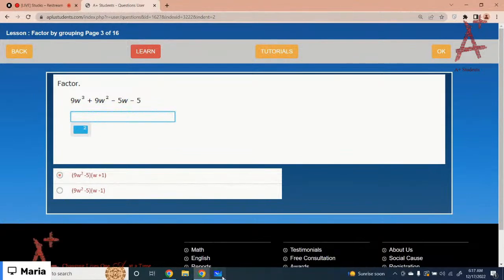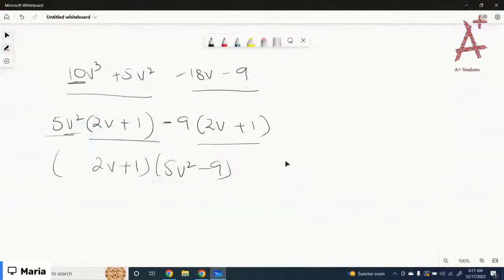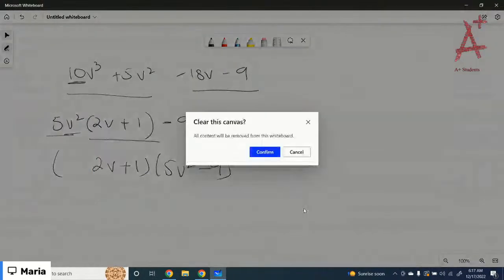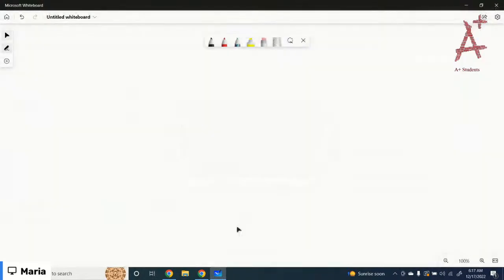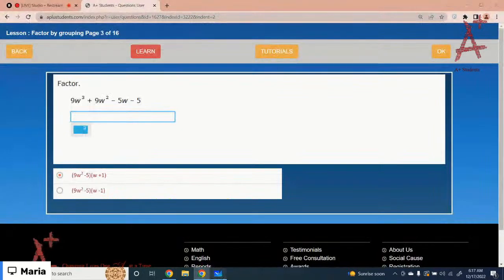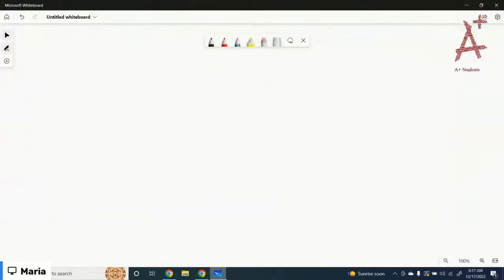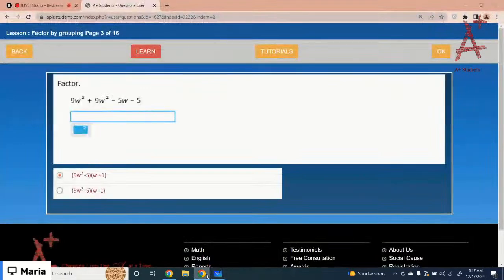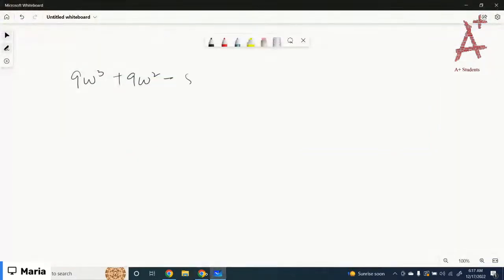Let's see how. 9w cube plus 9w square minus 5w minus 5. Okay, so from these two we can take common 9w square and you are left with w plus 1.